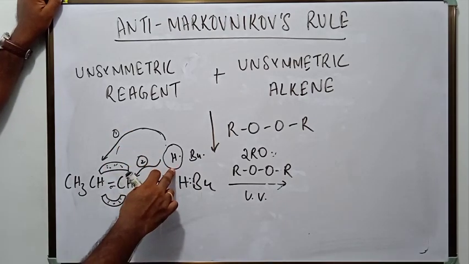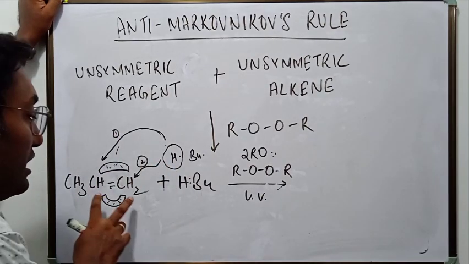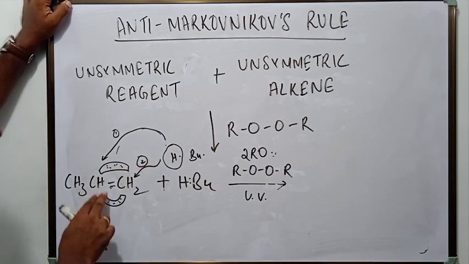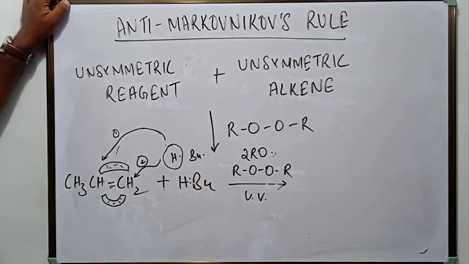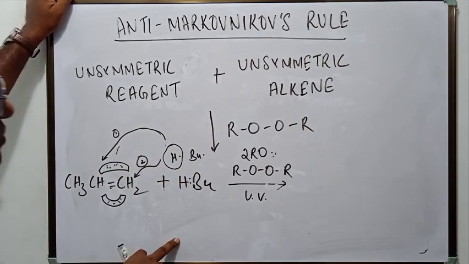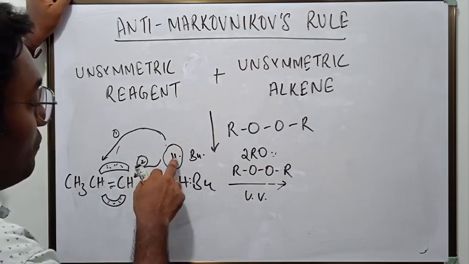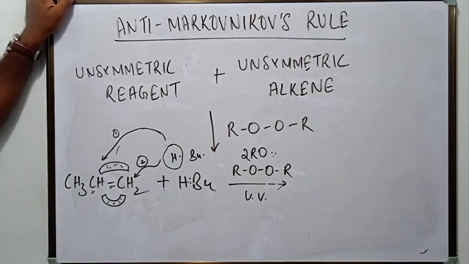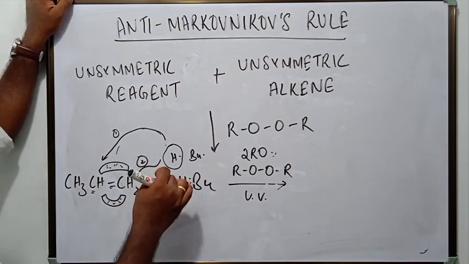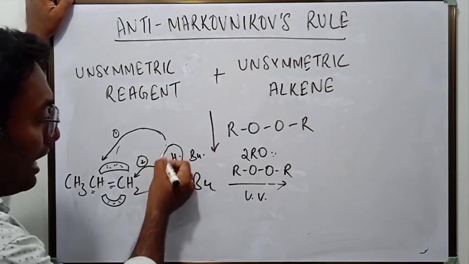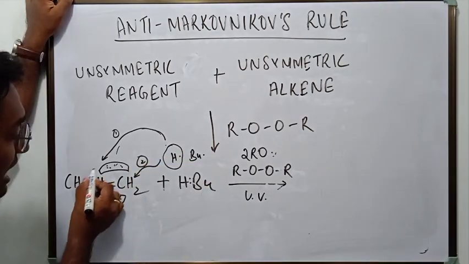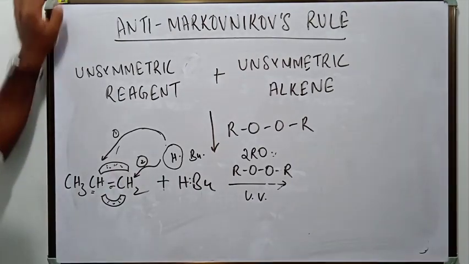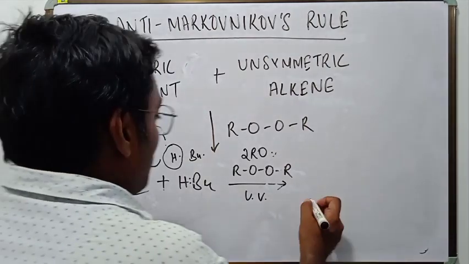Now the question is, from which carbon atom would it take that one electron, or to which carbon atom will it bind? According to the Anti-Markovnikov rule, the hydrogen goes to the carbon which has a lesser number of hydrogen atoms. So what product will be formed?